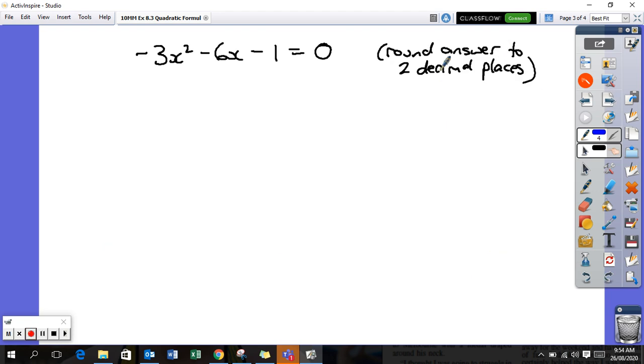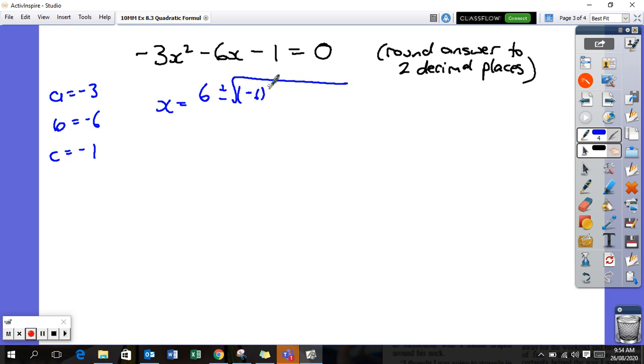This one we're going to have to round our answer to 2 decimal places. So we've got a equals minus 3, b equals minus 6, c equals minus 1, all negatives, beautiful. So x equals minus b, minus negative 6 is plus 6, plus or minus the square root of negative 6 squared. We've got to square the whole lot.